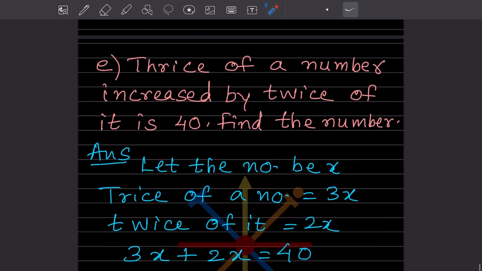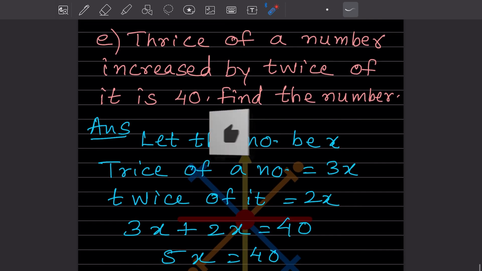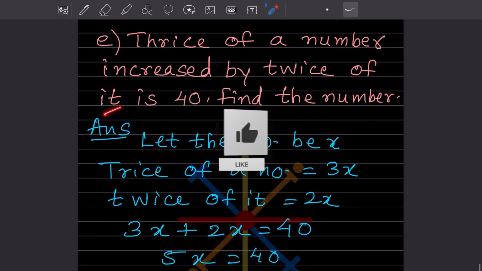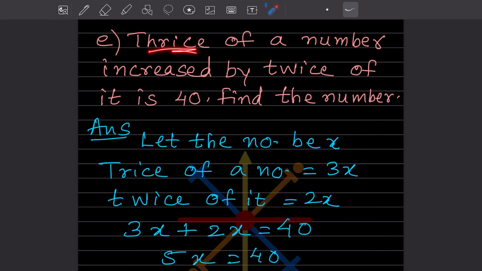Now, thrice a number increased by twice the number is 40. Find the number. Let the number be x. Thrice of it is going to be 3x, and twice of it means 2 into x, that is 2x.